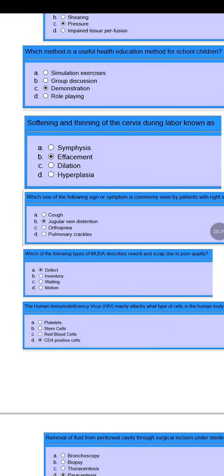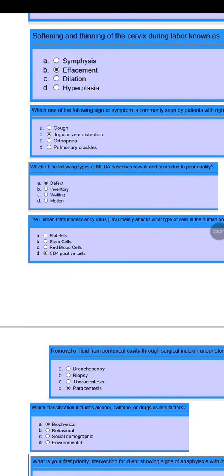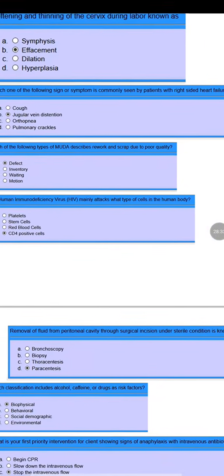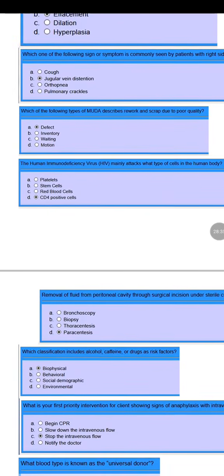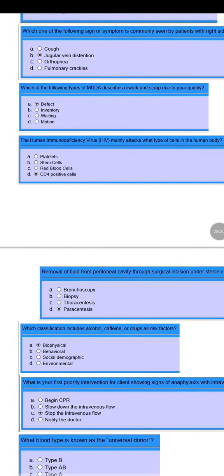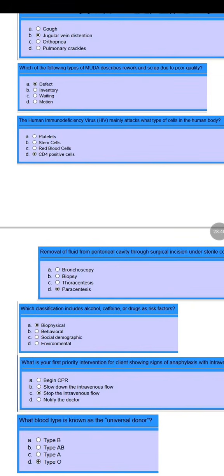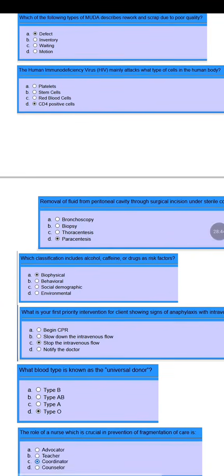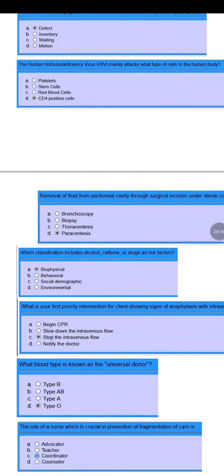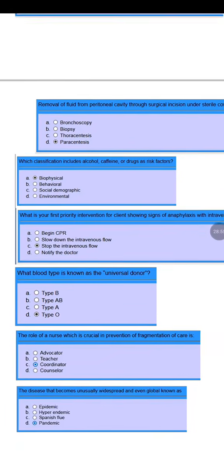Which of the following sign and symptom is common in a patient with right side heart failure: jugular vein distension. Which type describes the periodic quality. Human immunodeficiency virus mainly affects the CD4 positive cells.